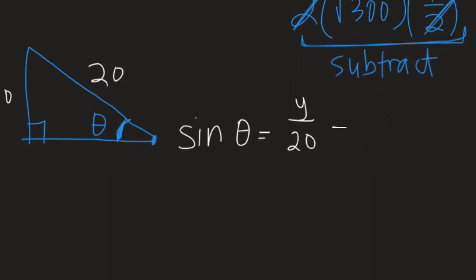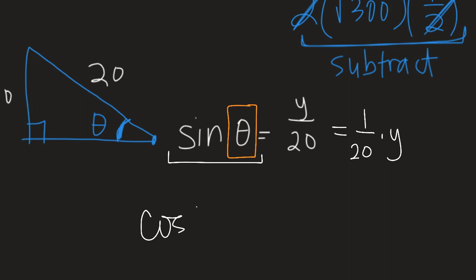Which I'm going to write as a product, 1 over 20 times y, because now I want to take the derivative. I want to figure out how fast my angle is changing. So what's the derivative of sine theta? Cosine theta times, we need a rate, d theta dt.